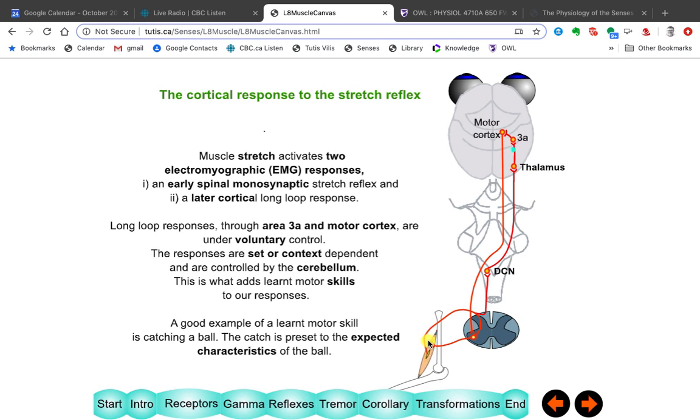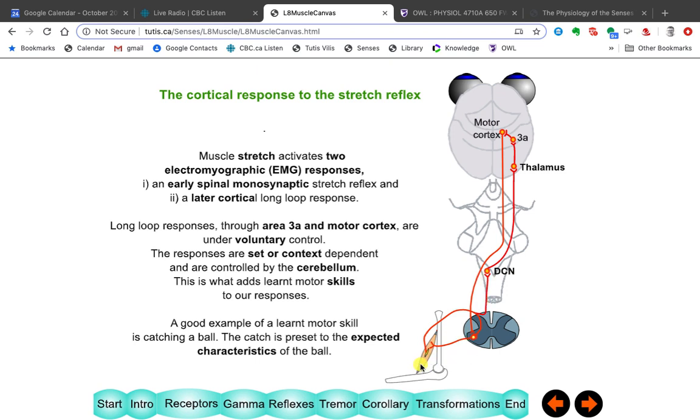When this gets stretched, you notice that activity also goes up at this point, crosses over, up the dorsal column to the DCN and to the thalamus and through 3A, and comes back down again.